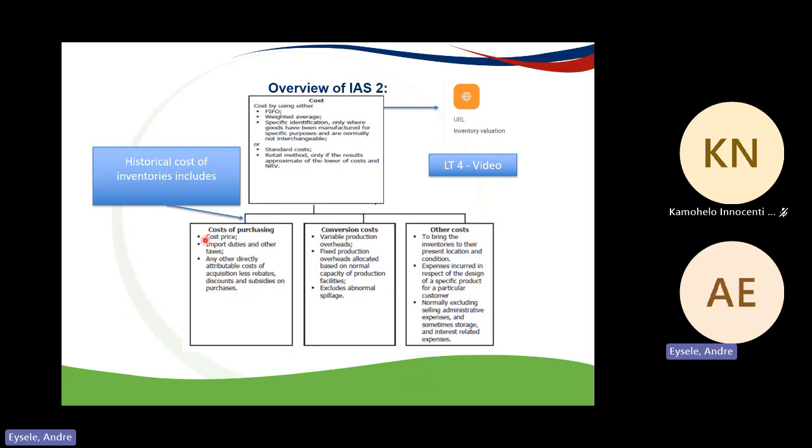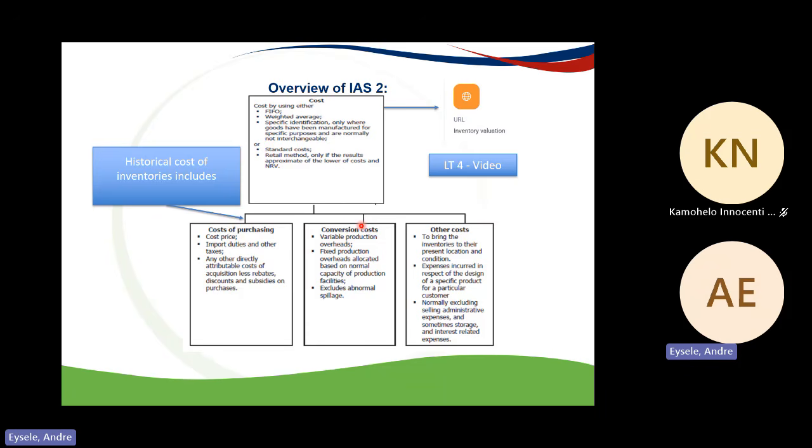So you obtain the raw materials from wherever you need to obtain them. You include the import duties and other taxes. You deduct trade discounts or bulk discounts. Then you take that raw material cost and put it in the conversion cost as part of your WIP. So raw materials will be taken out of here and taken into your WIP, your conversion cost.